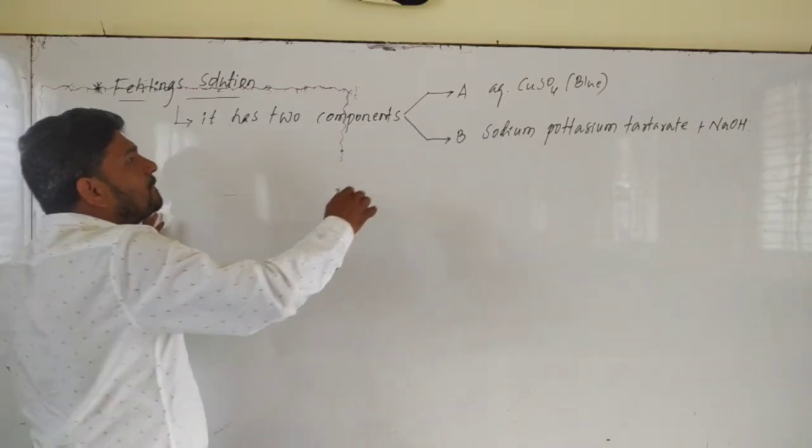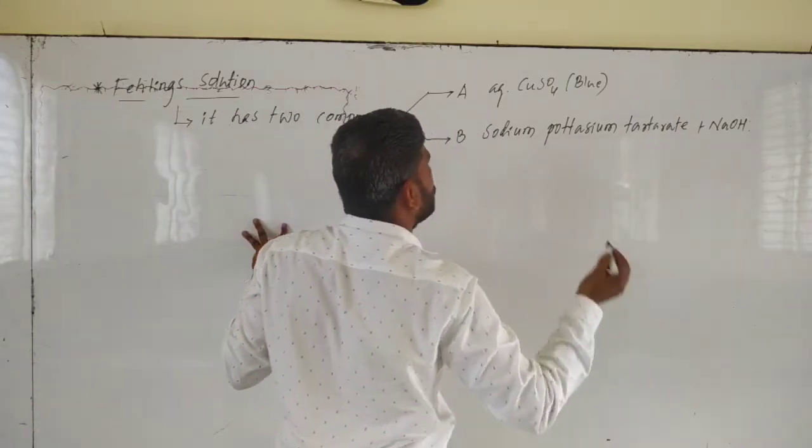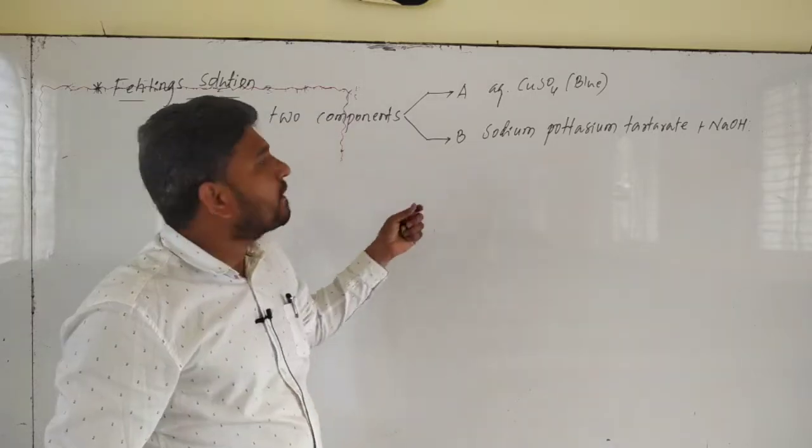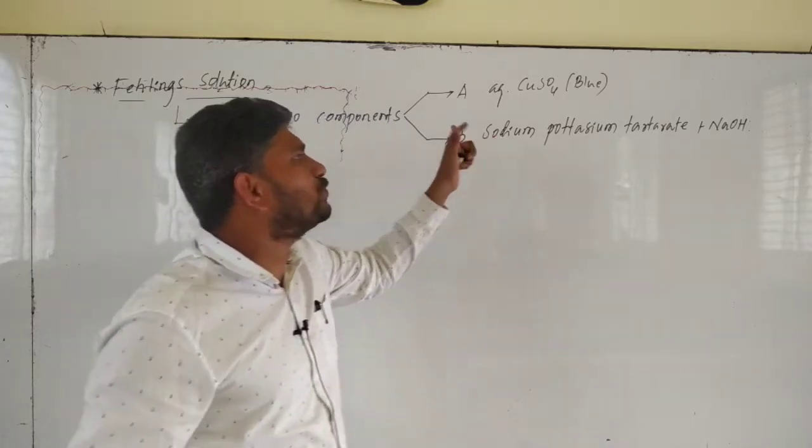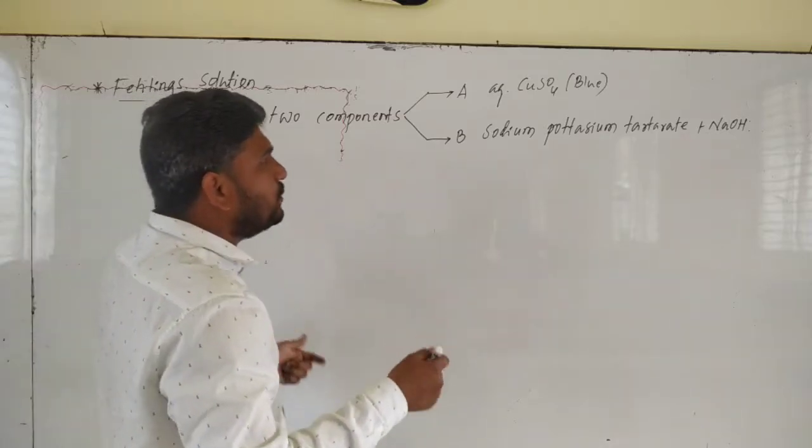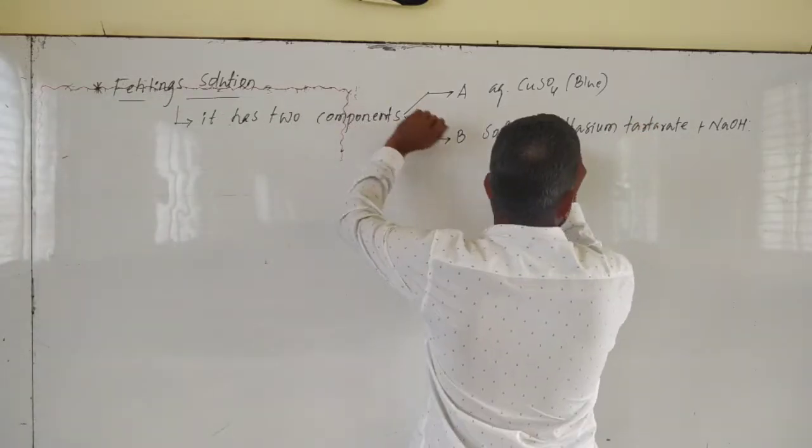This mixture of sodium potassium tartarate with sodium hydroxide is known as what? Fehling solution B.